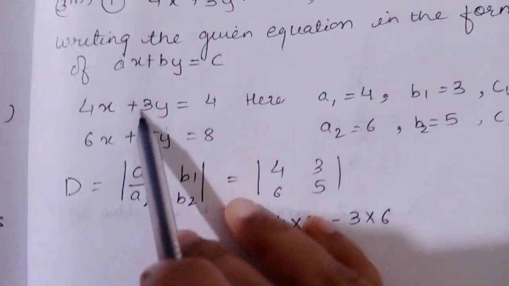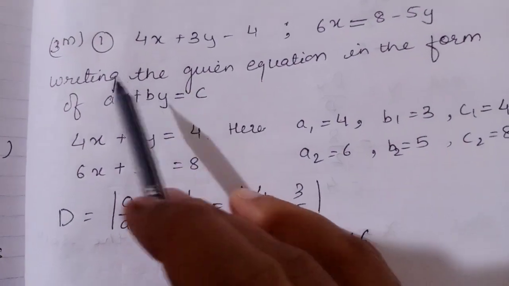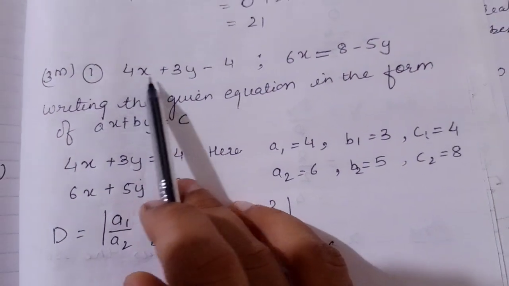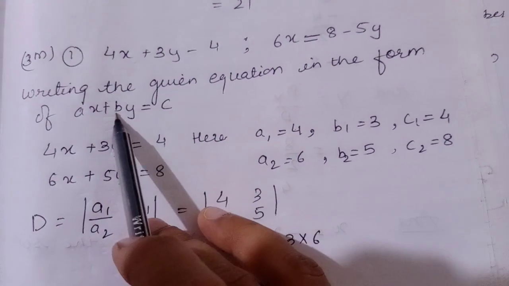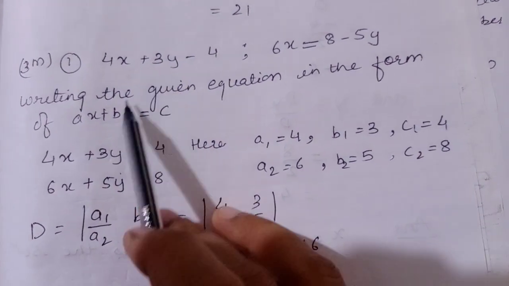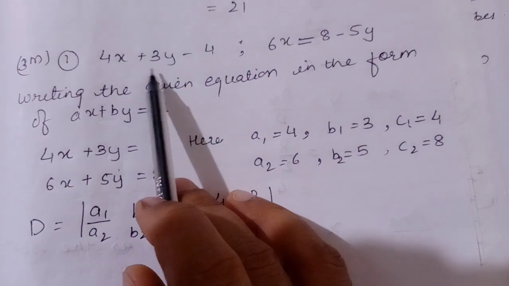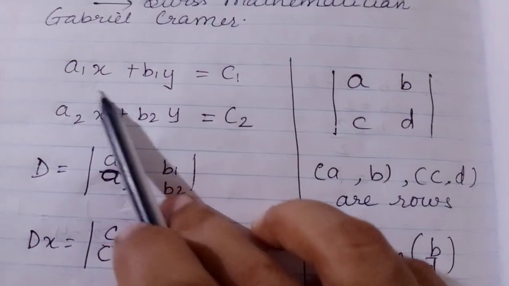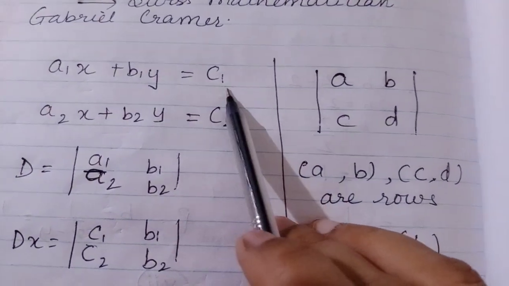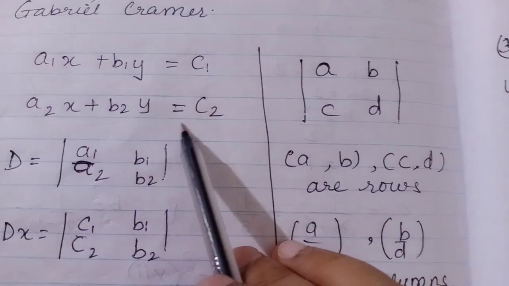Now here we can see the question. One question is given: find the value of x and y. For this, we have to apply Cramer's rule. First we compare this equation with the format a1x plus b1y equal to c1, a2x plus b2y equal to c2.